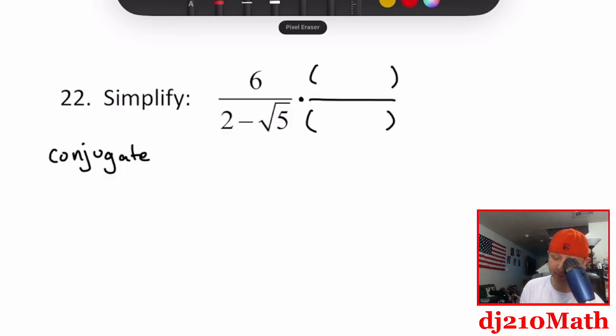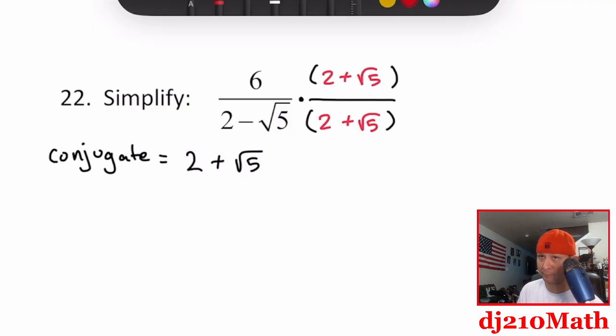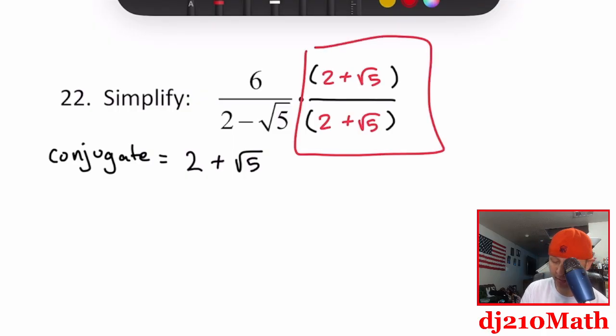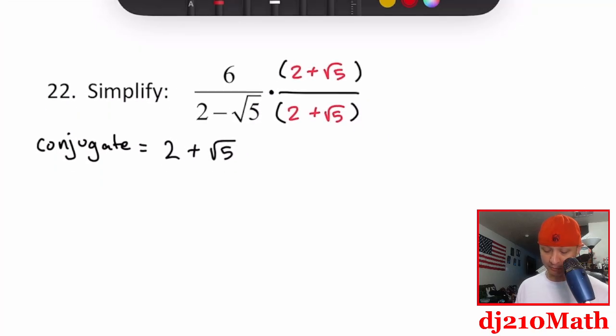The conjugate of what we have, 2 minus root 5, is going to be 2 plus root 5. Notice what changed. 2 plus root 5, top and bottom, right? Because anything divided by itself is 1. So I'm just multiplying by 1. I'm not changing its value. I'm just changing the way it looks.